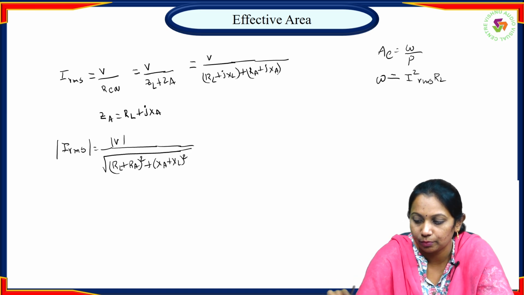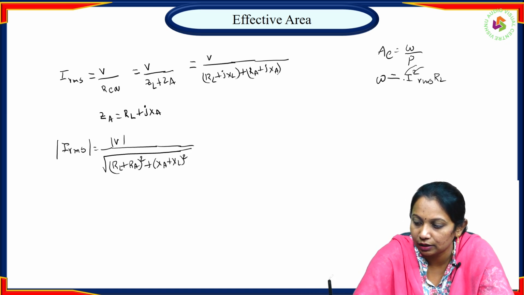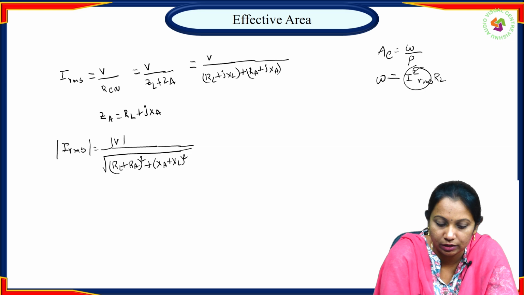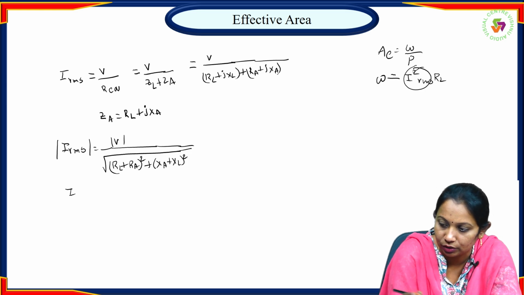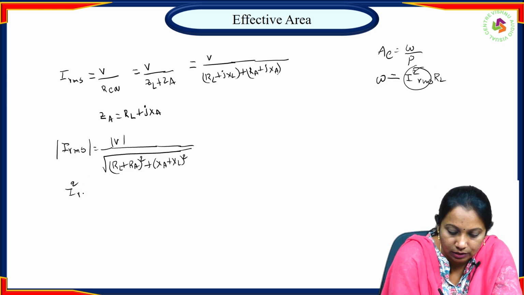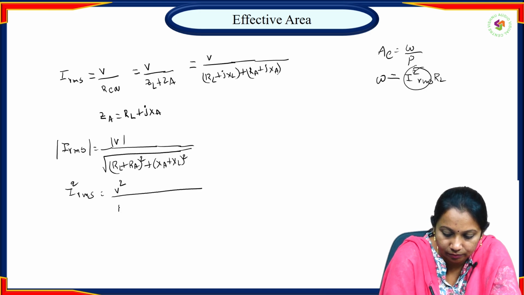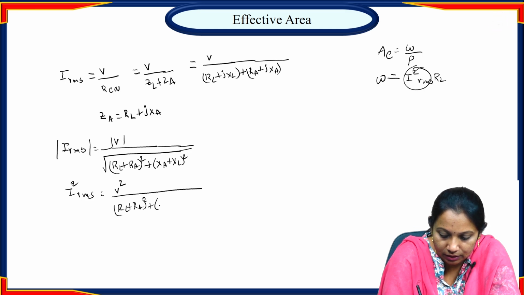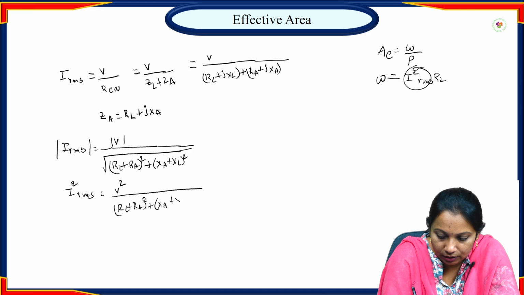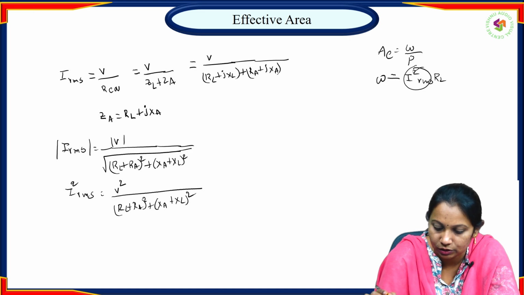Then from this we are going to calculate the expression for I square. Here I am going to write I square RMS is equal to V square by (RL plus RA) whole square plus (XA plus XL) whole square.